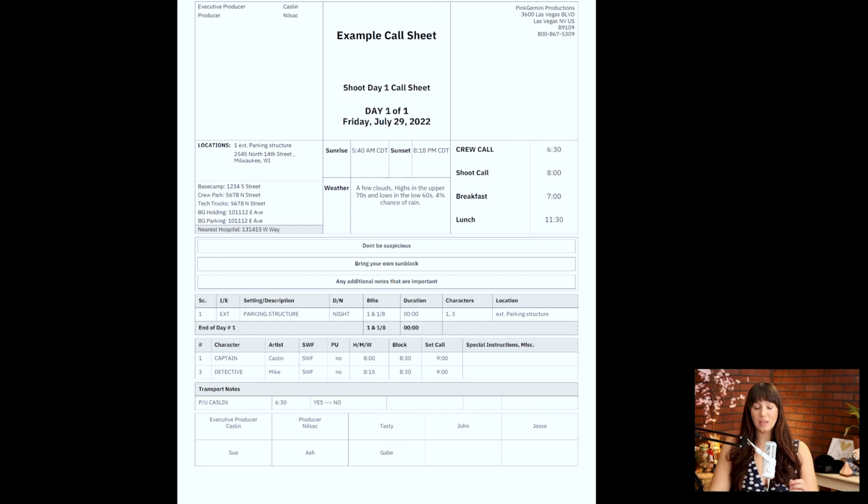I know that this is going to be a one-day shoot for me, because I'm starting and I'm working and I'm finishing just in one day. If somebody is a recurring character, you're probably just going to see SW or W for working. Now, PU means pickup. Is this a pickup day? Have you shot this exact scene before and you're coming to do it again?